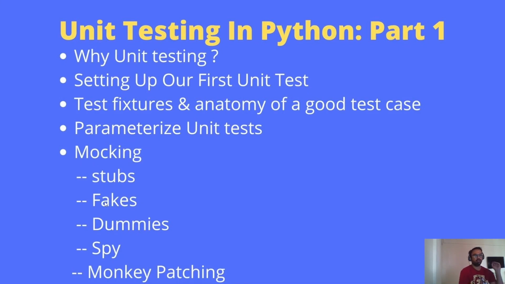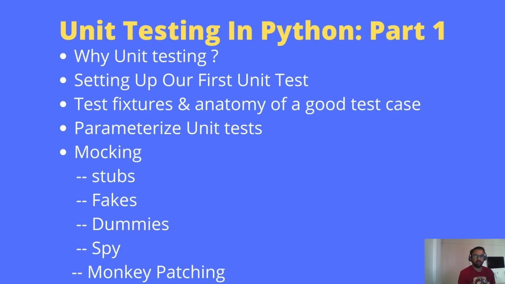So that is what fakes are. It's more like stubs, but instead of simulating simpler logic, fakes are used to simulate time consuming or memory consuming attributes, such as database connections, servers, or file operations.